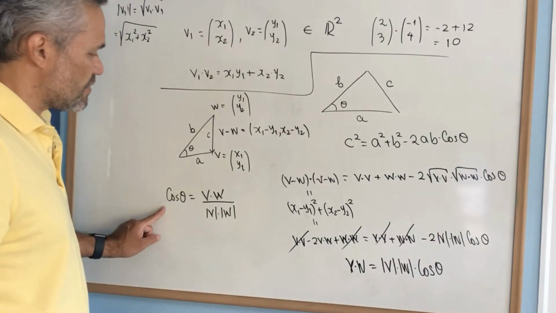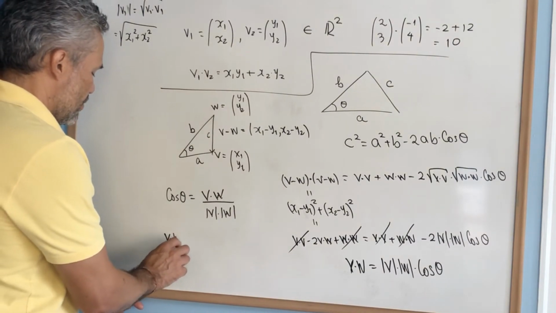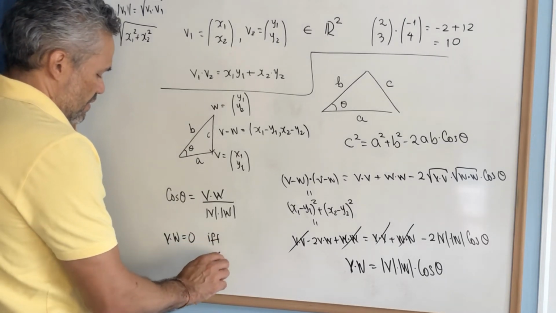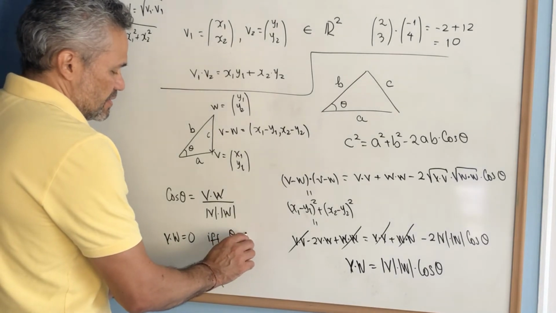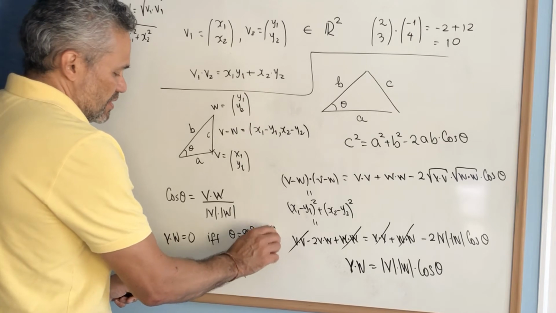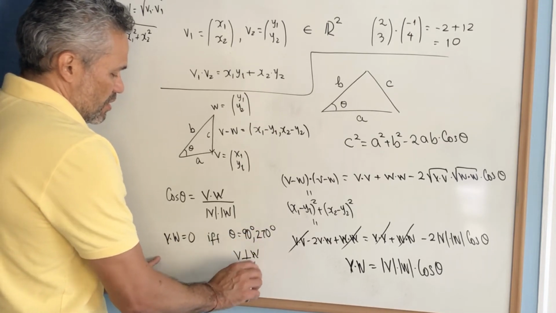And then we have several observations. v dot w is equal to 0 if and only if the angle theta is 90 degrees or 270 degrees, which is equivalent to v being perpendicular to w.